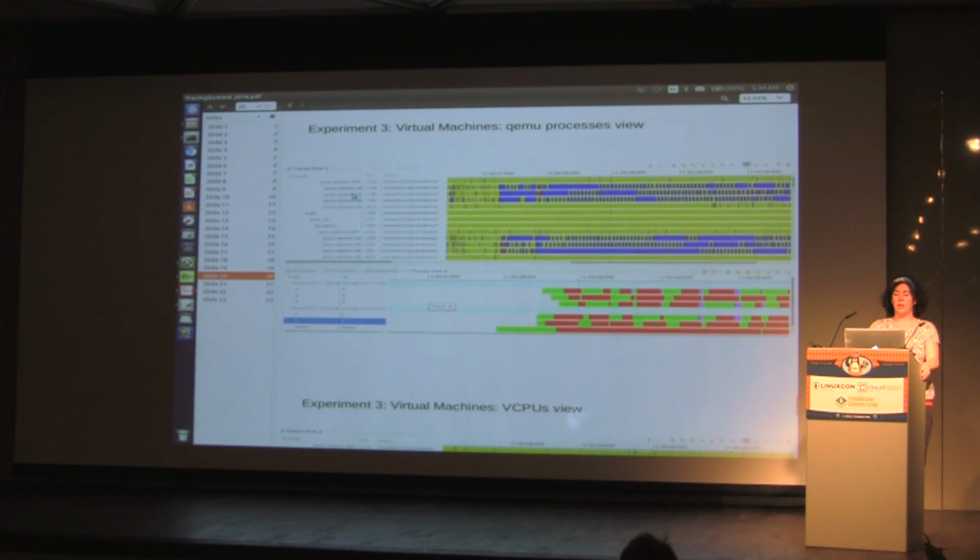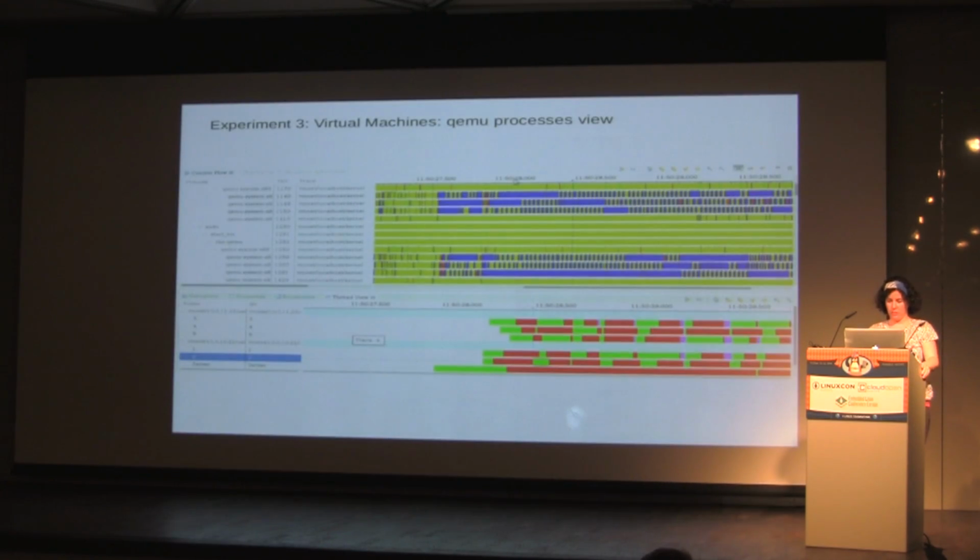So what we see is a bunch of QEMU processes here. And the QEMU processes are being preempted all the time. So we have this zebra-like representation of those processes.